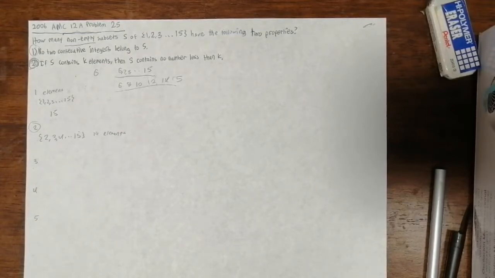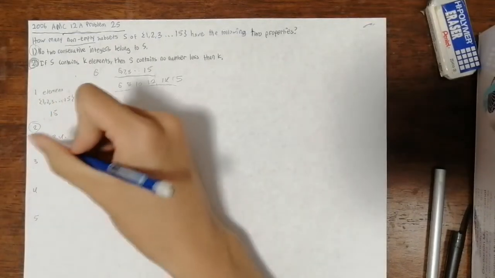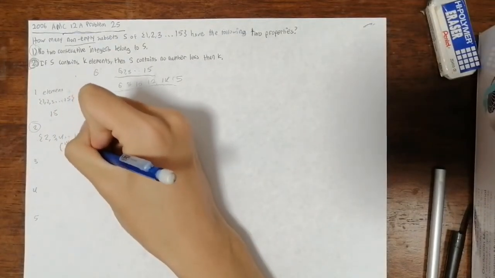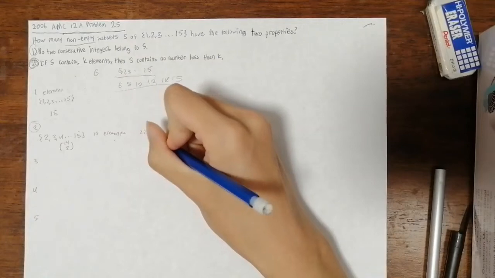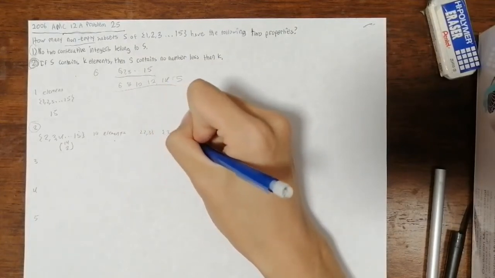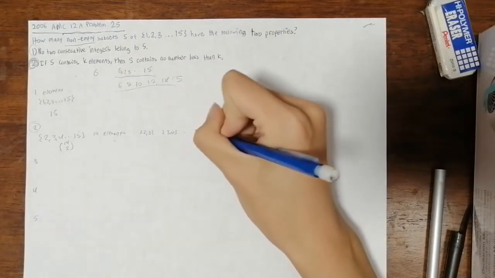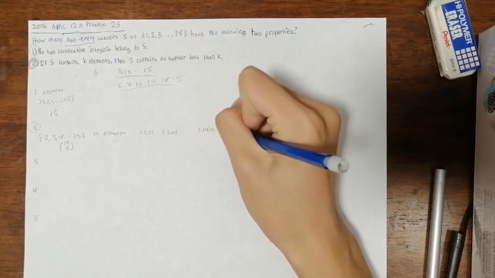The total number of subsets with 2 elements of this set would be 14 choose 2. And the number of ways to make a subset with 2 consecutive integers would be 13. For example, 2, 3; 3, 4; all the way until 14, 15.